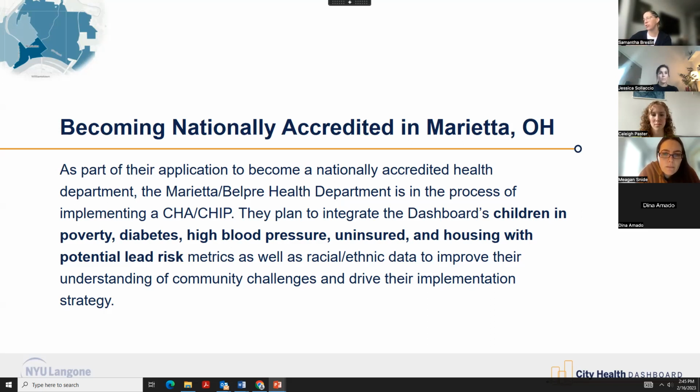They plan to integrate our data on children in poverty, diabetes, hypertension, insurance and lead risk, as well as our racial and ethnic data, to improve their understanding of the community's challenges and help drive their implementation strategy for this assessment and health improvement plan.